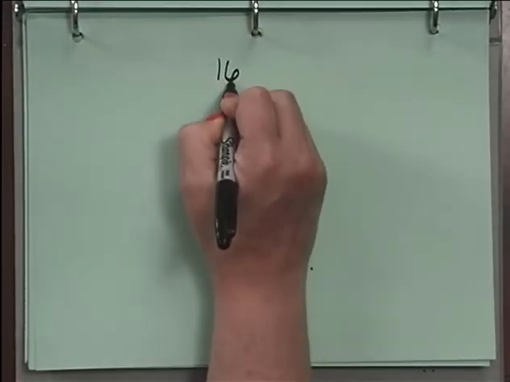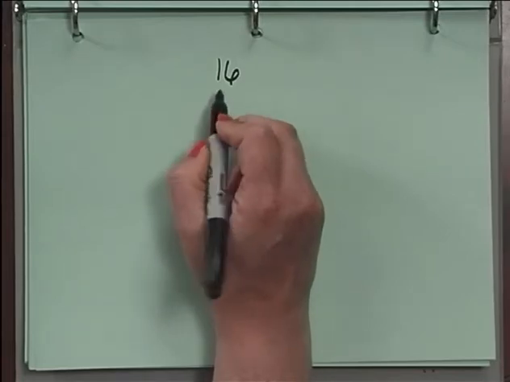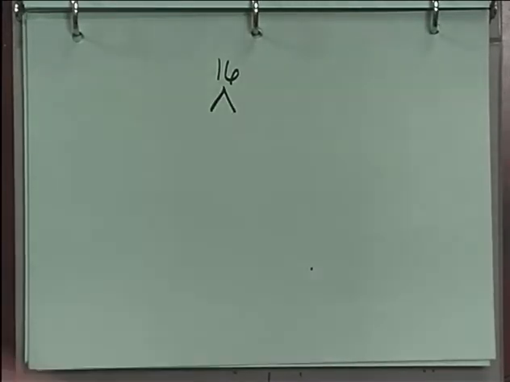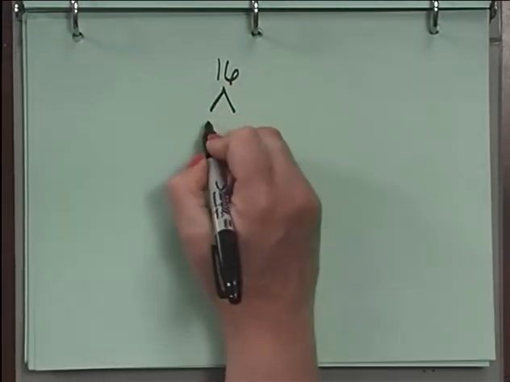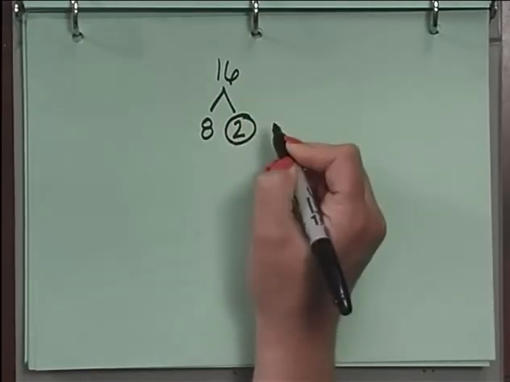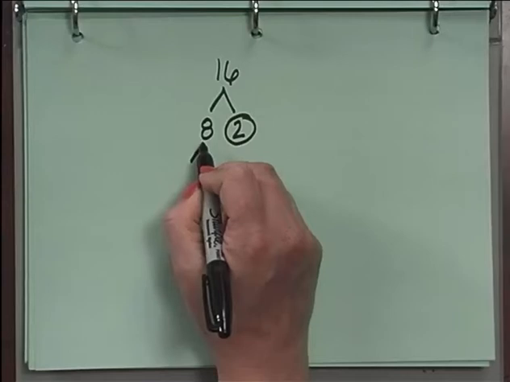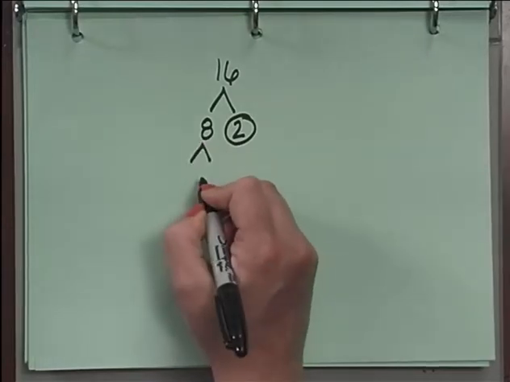If I have the number 16 and I want to write out what is called the prime factorization of the number, then what I can do is use a tree. And the tree just helps me diagram what I just showed you. 8 times 2 is 16. Now 2 is prime, but 8 is not. So I'm going to take 8 and use two other numbers to multiply to give me 8.